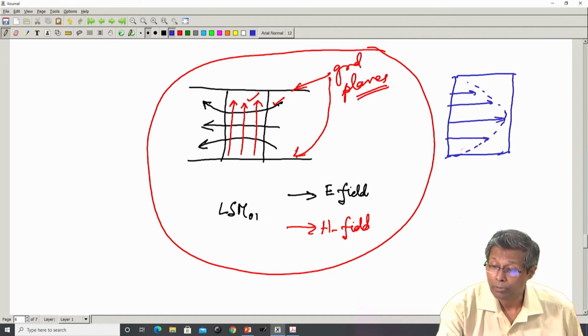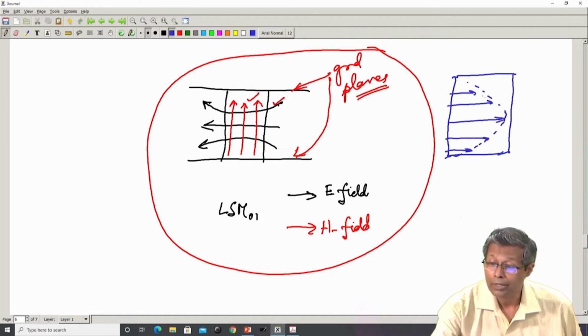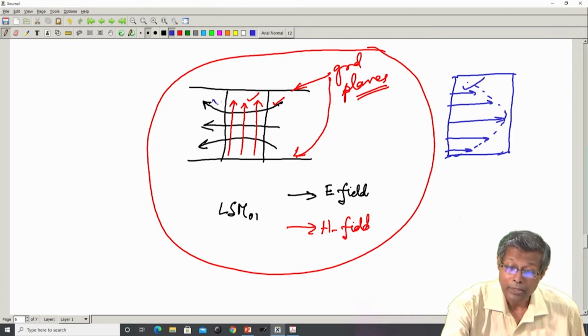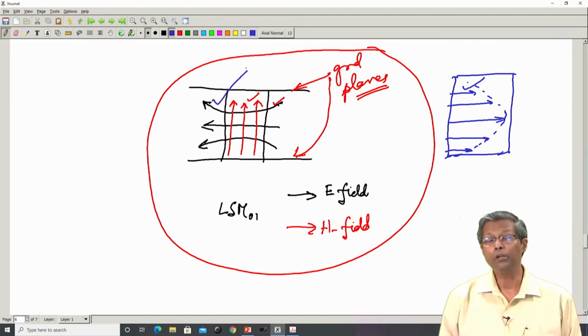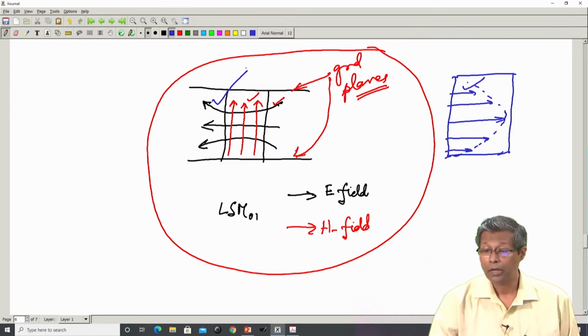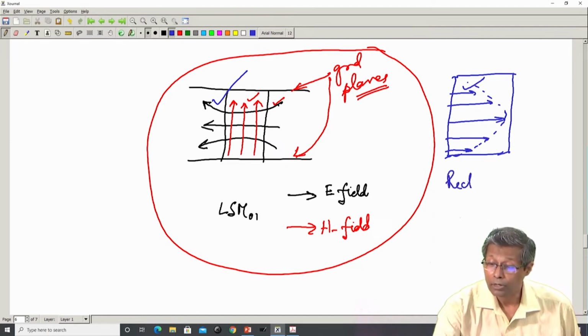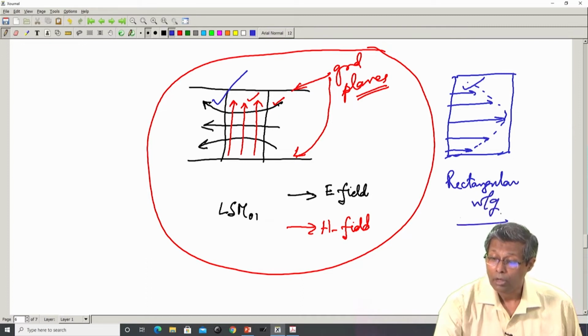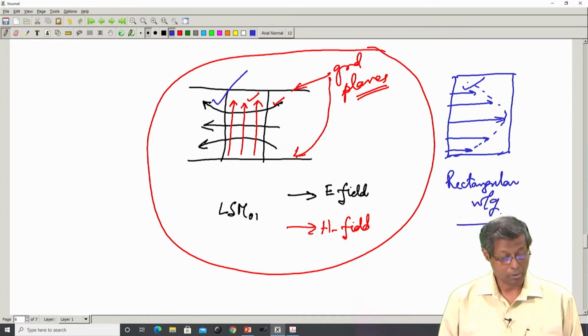So, the electric field will be like this. You see that this electric field matches in direction with that electric field. Therefore, we say that the rectangular waveguide dominant mode, or the TE01 mode, has a field configuration that matches that of the LSM 01 mode.